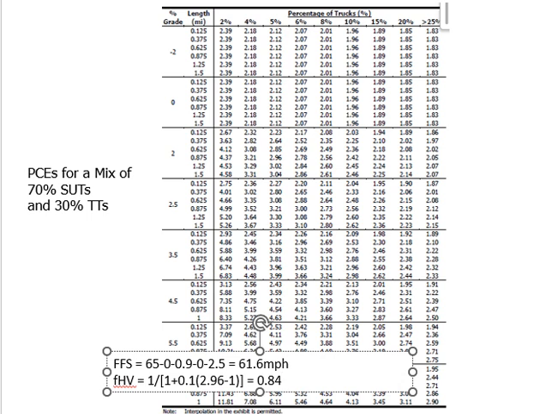Where is minus 3.5? We want minus 3.5, but the table only goes to minus 2.